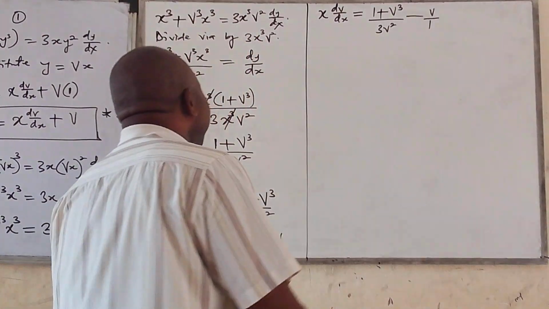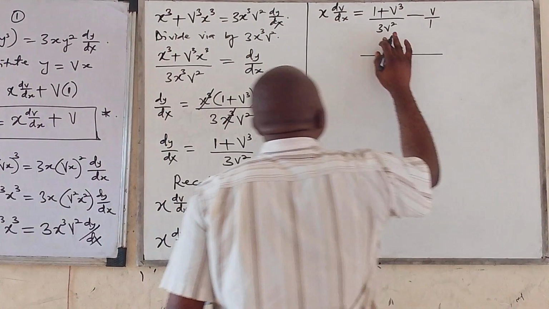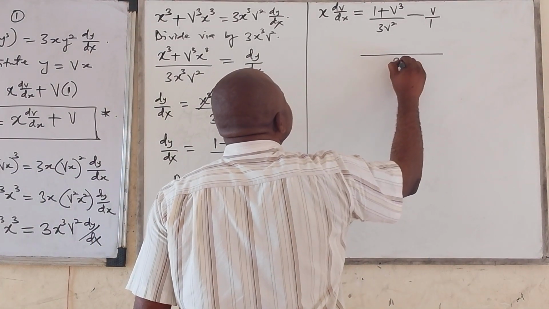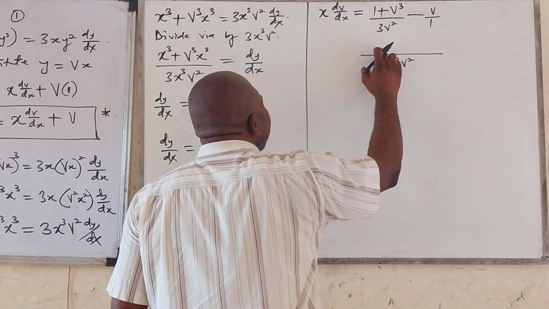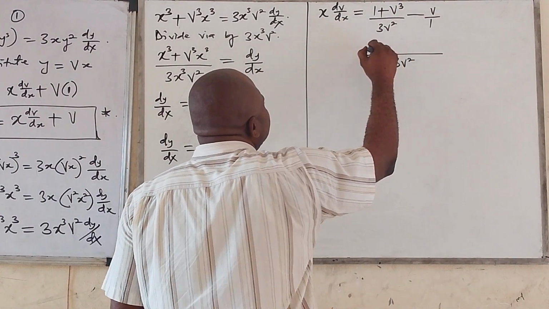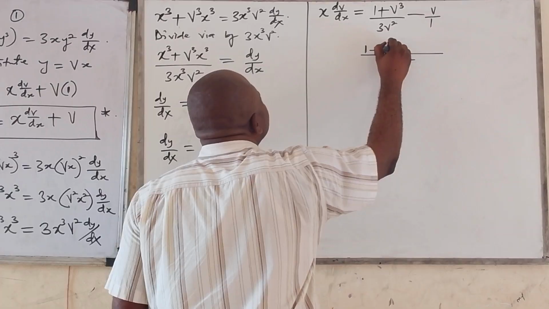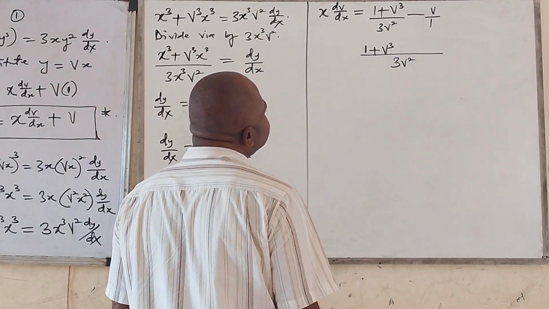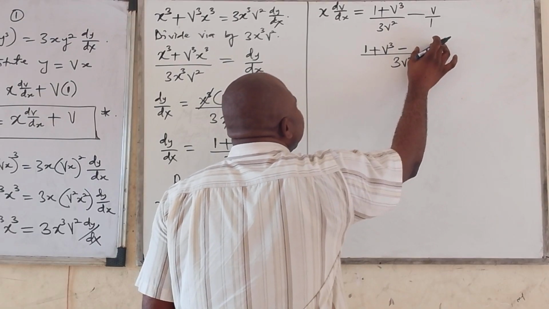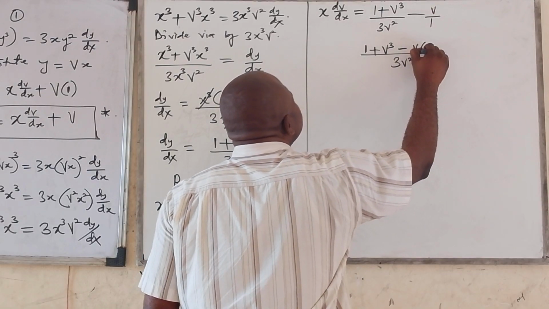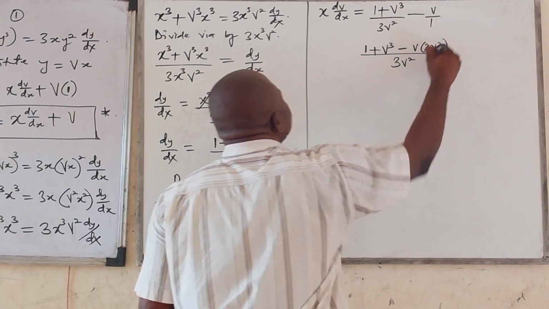Okay, so here let's look at the LCM. The LCM of 3v squared and 1 is 3v squared. 3v squared into 3v squared is 1. And 1 times 1 plus v cubed is 1 plus v cubed. Yes, 1 plus v raised to the power of 3. Then minus 1 into 3v squared is 3v squared times v. We have v in bracket 3v squared.